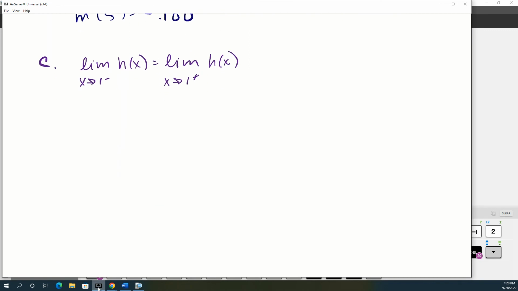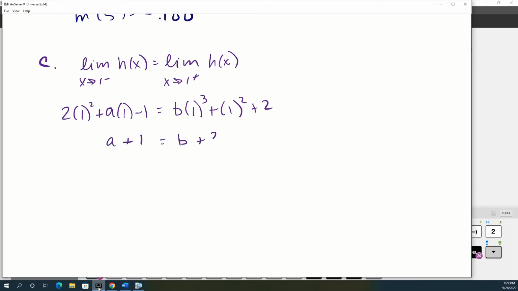So the left side, we plug in for that piece. The right side, we plug 1 into that piece. And then simplify it down. Now I am going to go ahead and get the A and B all on one side because I kind of know how this problem is going to work out.